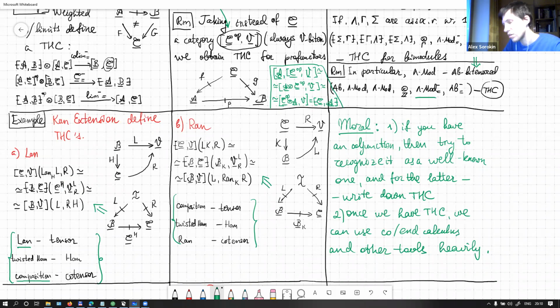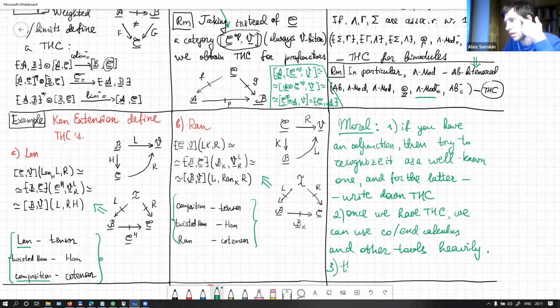I mean, who is tensor, who is Hom, who is cotensor. Also here, you see that twisted Hom is Hom and ren is cotensor. For profunctors, we had that ren is Hom, but it matters which category we are working in. So always think about your category.